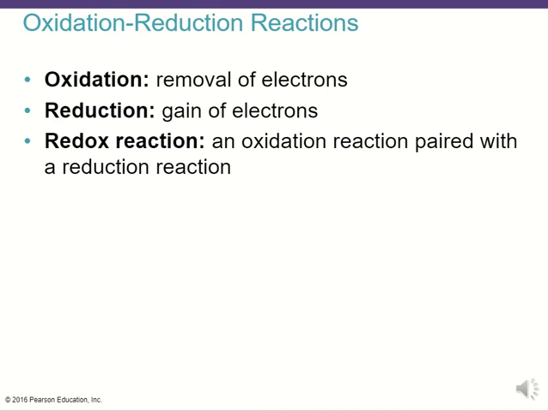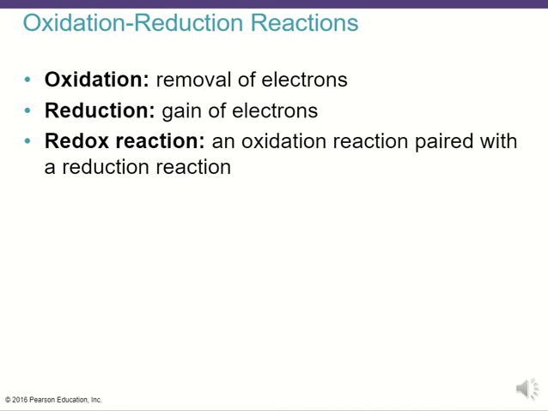Now, in oxidation reduction reactions, there are two simultaneous processes. One is the oxidation, or the removal of electrons from a source, and then the reduction, where something is gaining more negative electrons.